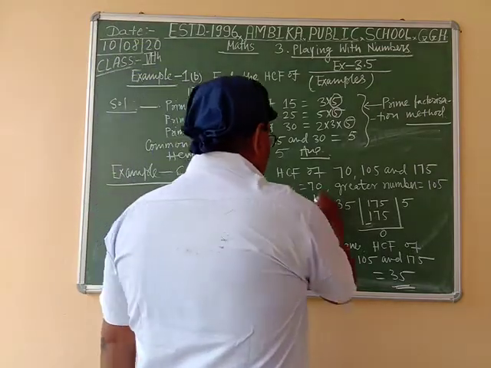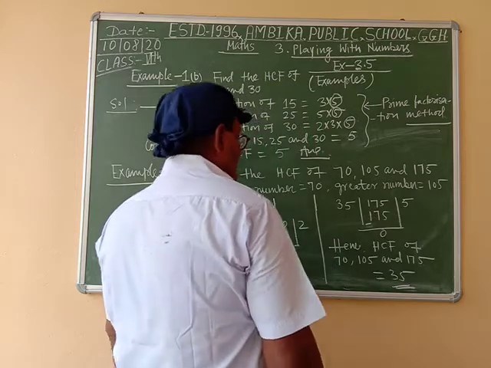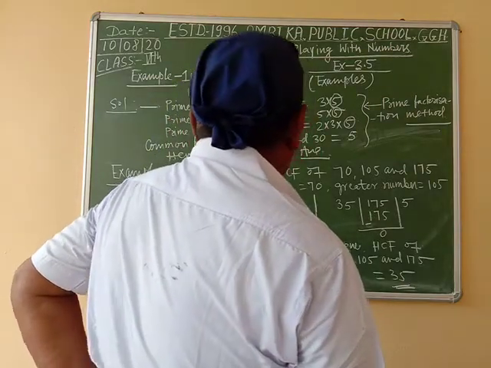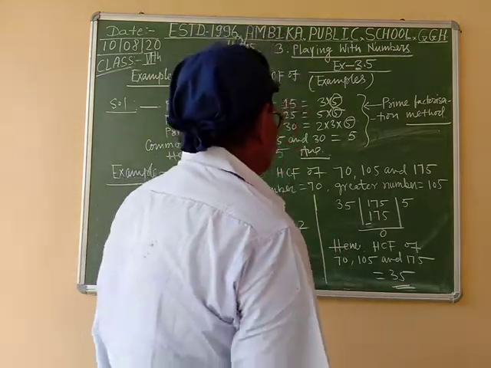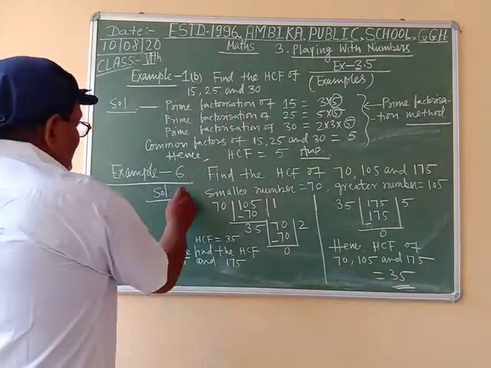So using the division method, you can find the HCF of two numbers or more than two numbers by continued division method. Very important and easy method.